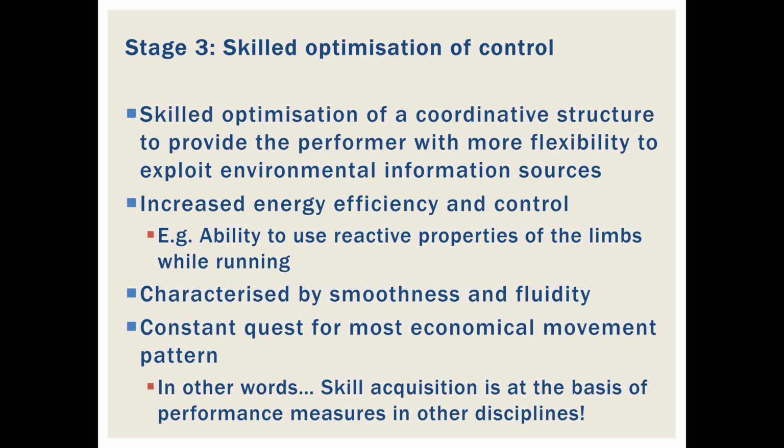For example, as someone runs more, the particular properties of their limbs even change. They allow us to run more economically because we get an exchange of energy, or energy storage ability, in our limbs. More smoothness and more fluidity in movement. And then finally, that final stage is a constant quest for looking for more stable and energy efficient attractor states.